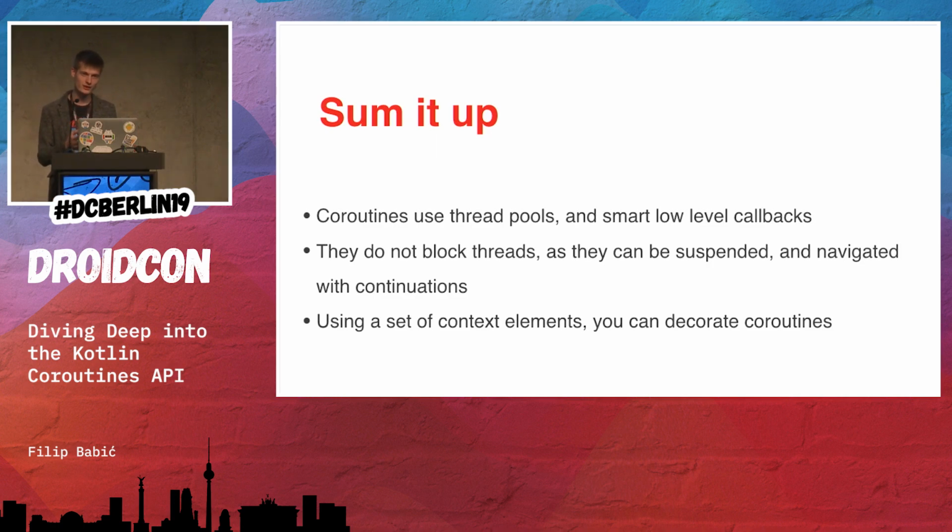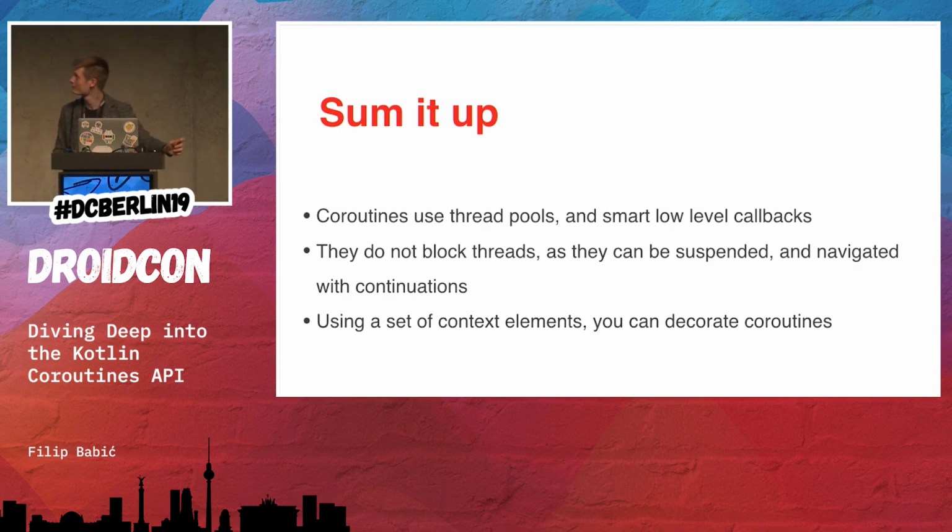They do not block threads like regular code, but they suspend the thread until the work is done. So it's much easier to write code, and even if you write while true loops, you still won't block the thread or the main thread and things like that. So you can really write amazing code and maybe not so good code and not break the system.